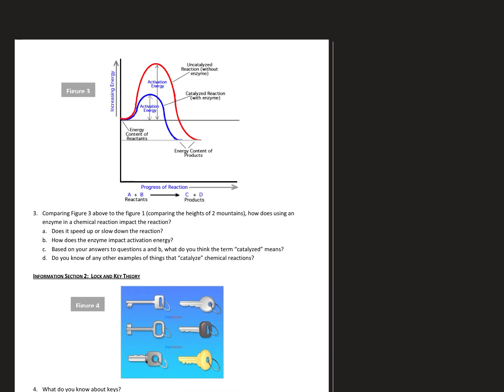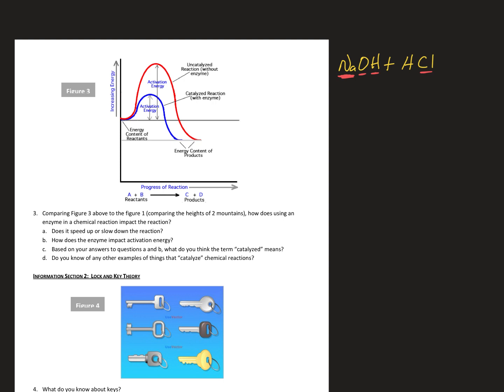Let me give you an example. If you took NaOH and you combined it with HCl, here you have four different atoms. This would be Na, and that's sodium. This is oxygen, this is hydrogen, and this is chlorine.